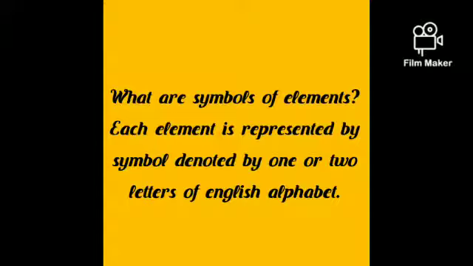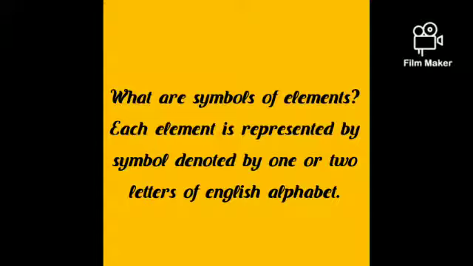The first letter is written in capital while the second is written in small letter. Like carbon, it's written as C, but calcium is written as Ca. Similarly, chlorine is written as Cl. These symbols also represent an atom of that element. Like H represents the element hydrogen as well as one atom of hydrogen.